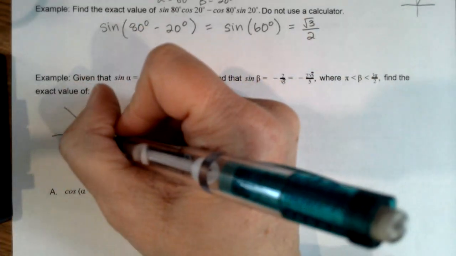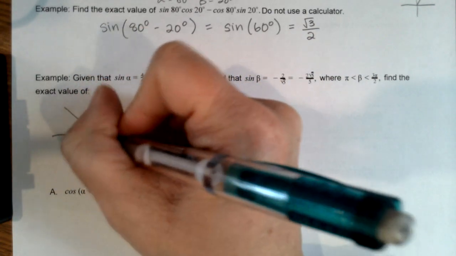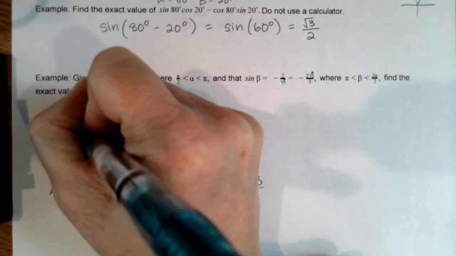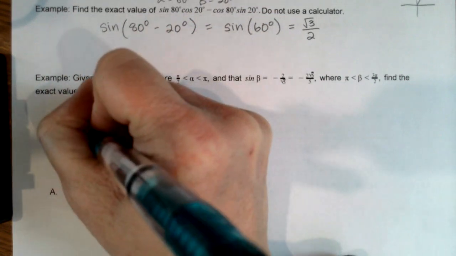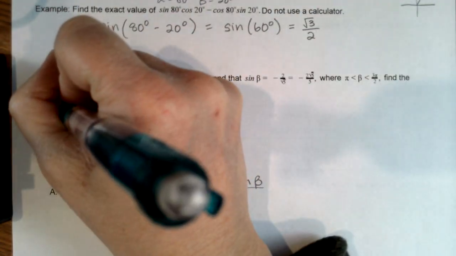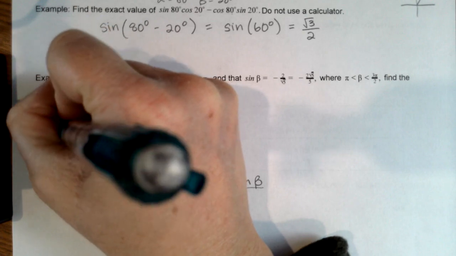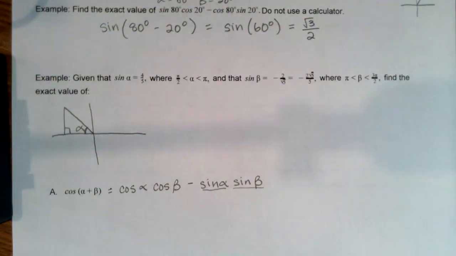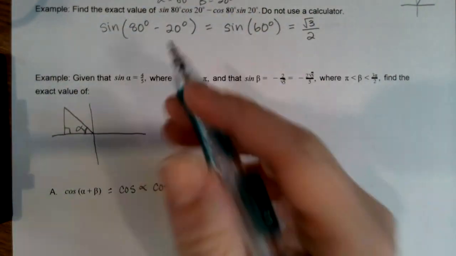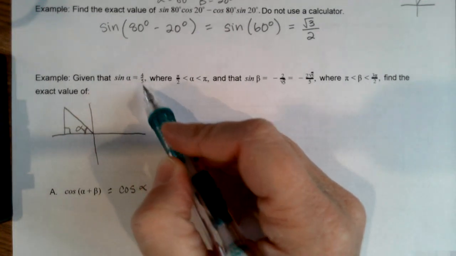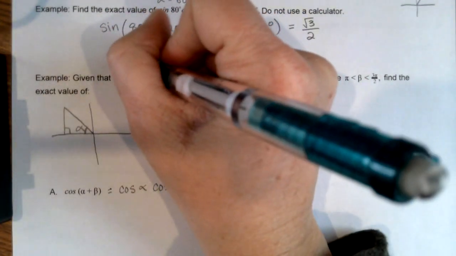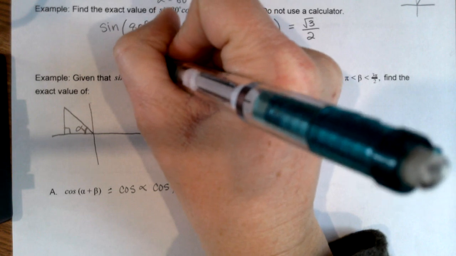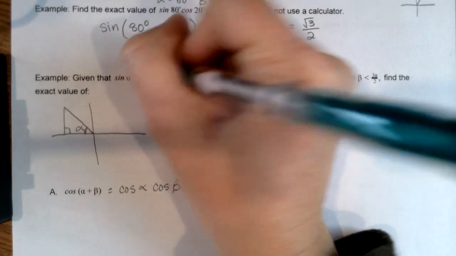It's also important that we are always measuring our angles from the x-axis. So I'm going to call alpha this angle right here, and I'm going to draw in my right triangle. This tells me that my sine of alpha is 4 over 5, and I know that sine is equal to opposite over hypotenuse.